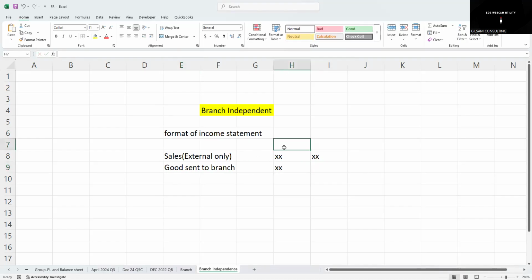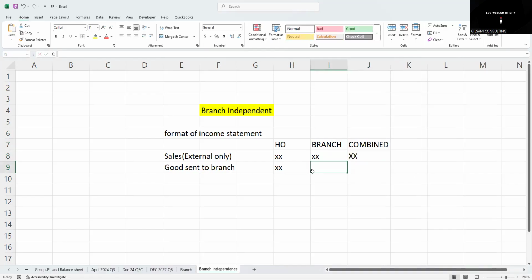So okay, you can say here this is head office, HO, this is branch, and then combined. So for the total will be this plus this. For goods sent to branch, we don't have for the branch, but even the combined, we don't have. And then you get the total. That one will give us the total sales.